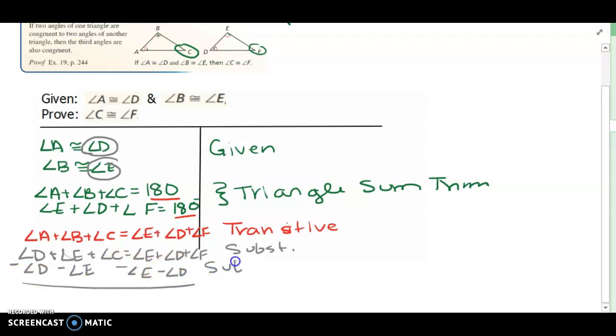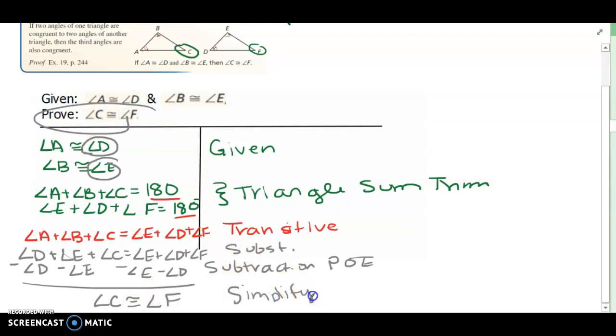And that's the subtraction property of equality. And what I'm left with is angle C is congruent to angle F, which is exactly what I want. That's just by simplifying. So I did just write a proof for the third angles theorem.